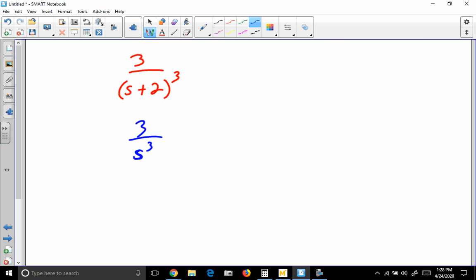If we go back and look at, and I'm not going to flip back every time, I'm going to look at the ones in my book. N factorial over s to the n plus 1, so s to a power, that comes from transforming t to the n. So if we transform t to a power, this is how we do that.